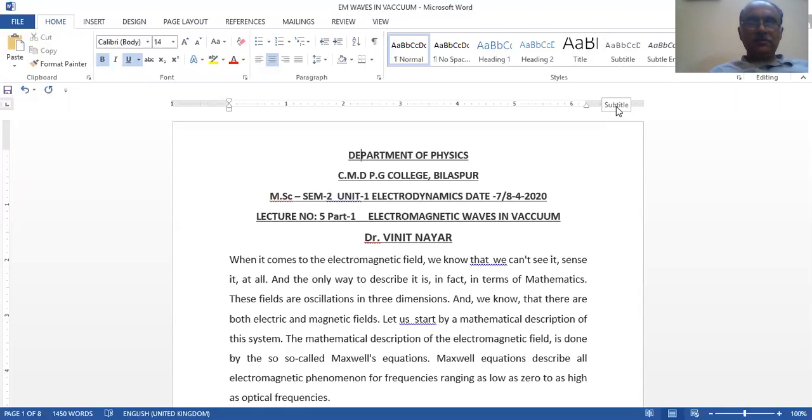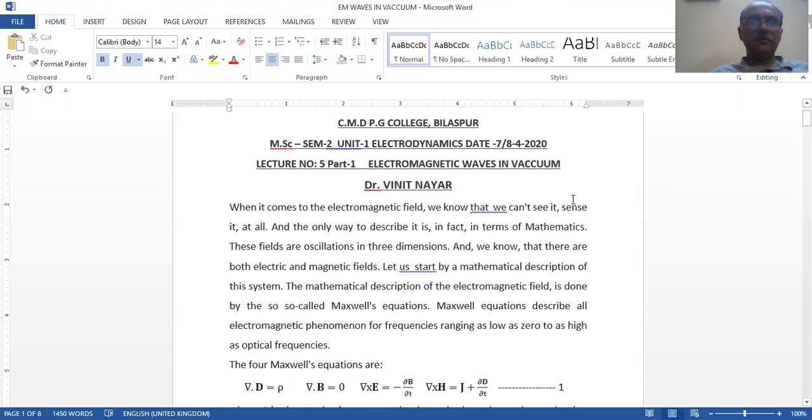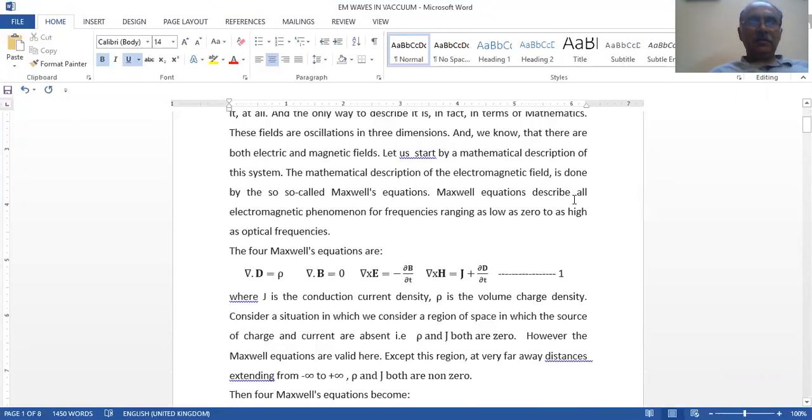The mathematical description of the electromagnetic field is done by the use of Maxwell equations. Maxwell equations describe all the phenomena ranging from frequencies as low as 0 to very high frequencies such as optical frequencies. The four Maxwell equations are in terms of the displacement flux density: divergence of D equal to rho, divergence of B equal to 0, and the two curl equations.